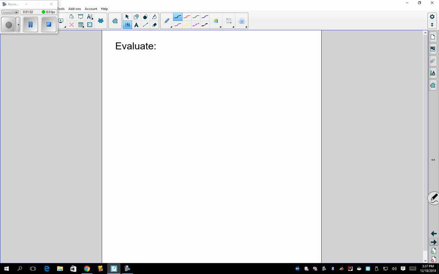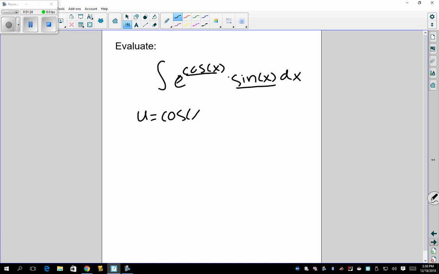So our first integral looks familiar. I want to evaluate this integral. Just as we saw when we were taking the derivative, we had this inner function cosine, and we had its derivative sine. And so we call the inner function u, and its derivative is du.